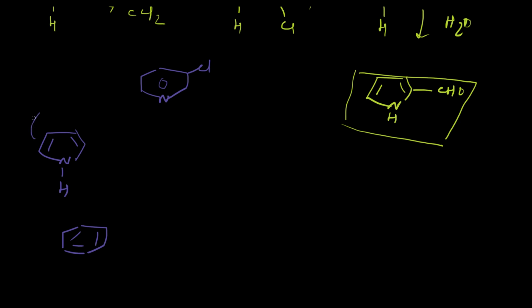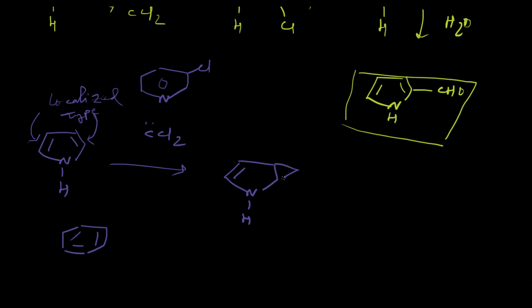These two double bonds have some localized double bond character, which leads to the cyclopropanation reaction with the dichlorocarbene intermediate, to generate the cyclopropane derivative.